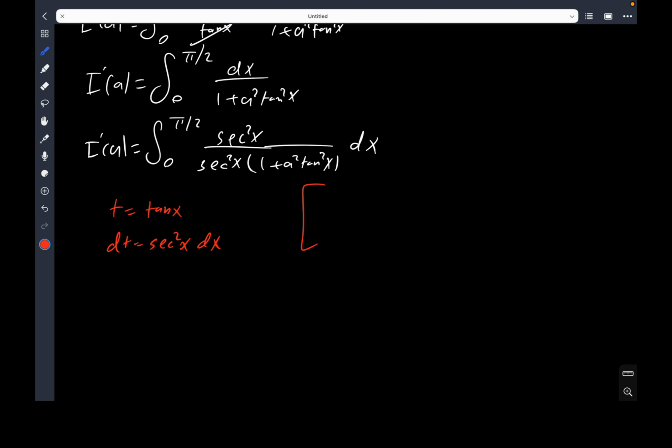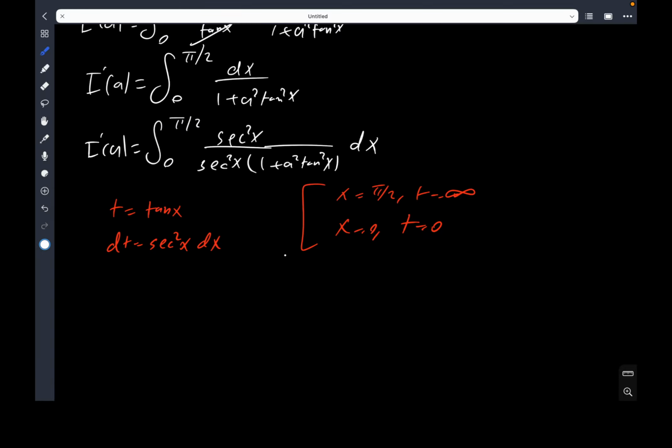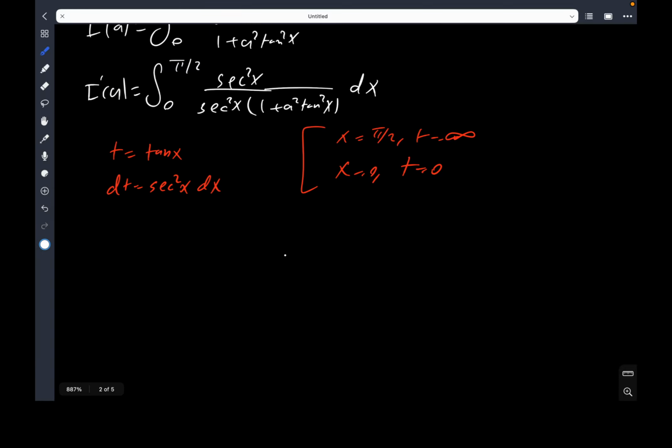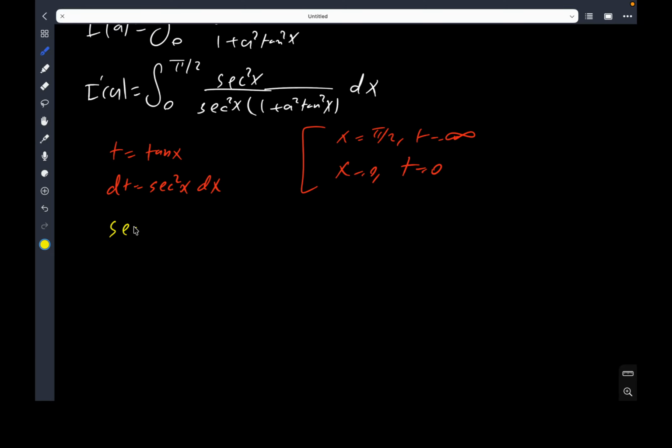And my bounds here, when x equals pi over 2, t is going to be infinity because tangent of pi over 2 is infinity. And when x equals 0, my t is also 0. And I've got to remind you also of this secant squared x identity, which is tan squared x plus 1.